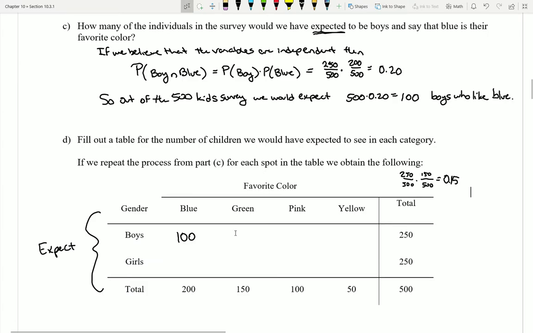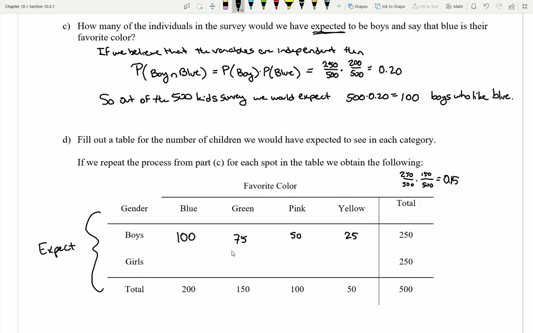Now I could continue doing this for each of the individual boxes here, but I'll speed up the process, and you can try to figure out or confirm that the values I'm writing down here are indeed correct. But I think I would also end up with 50 boys who say that pink is their favorite color, and 25 that say yellow.